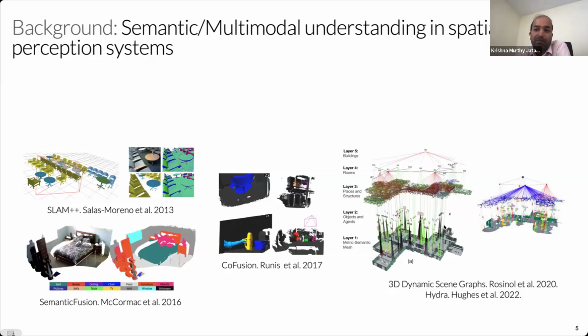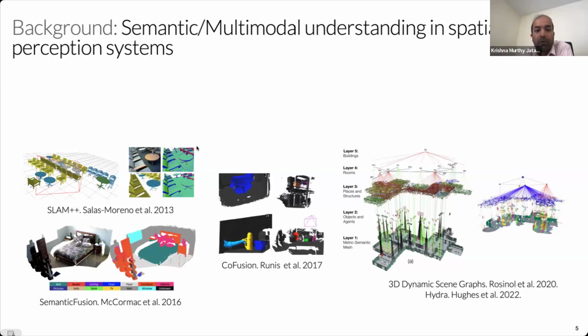And more recently, like 2 years ago, we've been seeing very strong 3D scene graph proposals for these environments where you have multi-resolution representations. The highest level could be a building or a city block if you want to go one step higher. A building comprises rooms. Rooms comprise various places, and there are objects and agents, with agents as a complementary layer. But objects are organized into places, which are organized into rooms, which are organized into buildings, and so on.